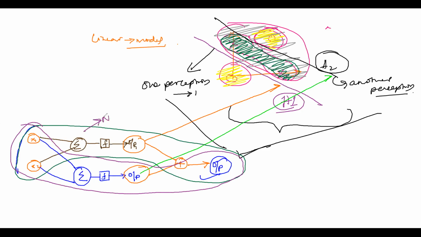So you can say neuron 1 and neuron 2. What I try to make is a nonlinear function using two linear functions.